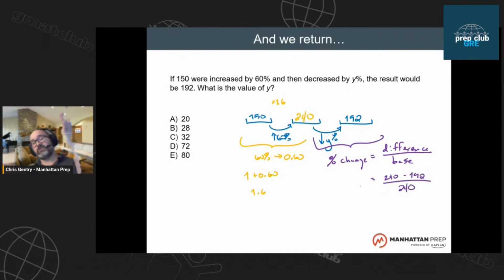When I show the arrow going from 240 to 192, and I decrease that by y%, the origin of the arrow is my base value. 240 minus 192 is 48. And when I do that math, I get 0.20, or in its percentage format, 20%. And so we end up with actually answer choice A.